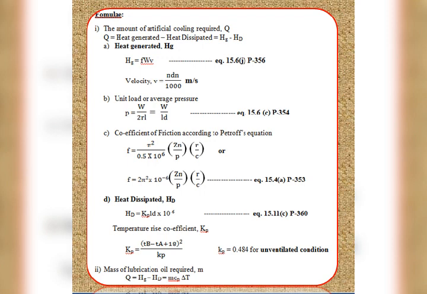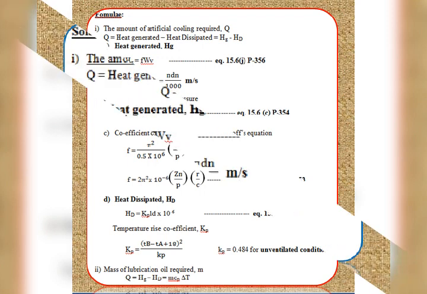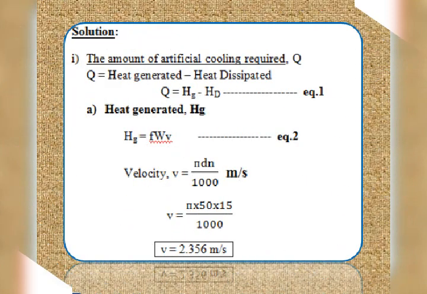And here temperature rise coefficient k suffix p can be evaluated by using the equation T suffix b minus T suffix a plus 18 whole square divided by small letter kp, where k suffix p is equal to 0.484 for unventilated condition from the same. And next, the last unknown is mass of lubrication oil required m. Q is equal to Hg minus Hd, that is equal to m cp into delta T. This is the required equation.